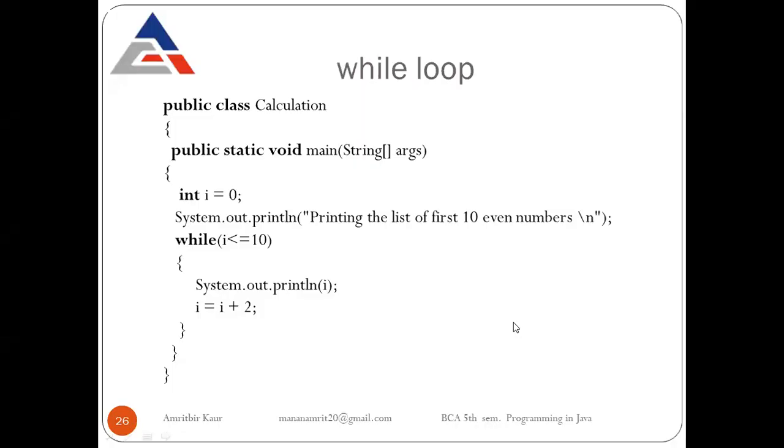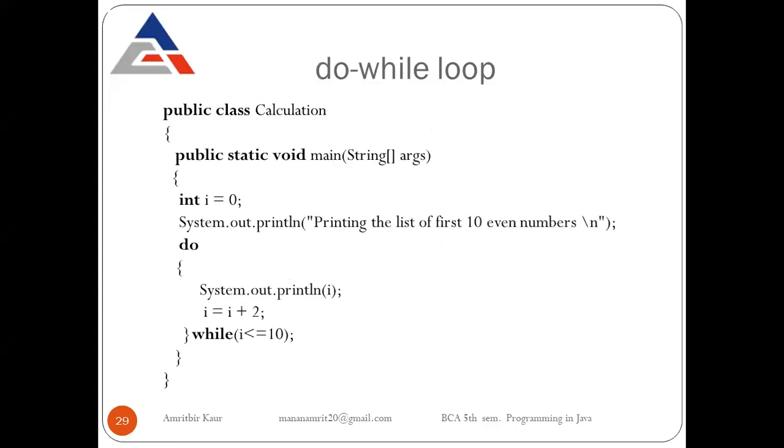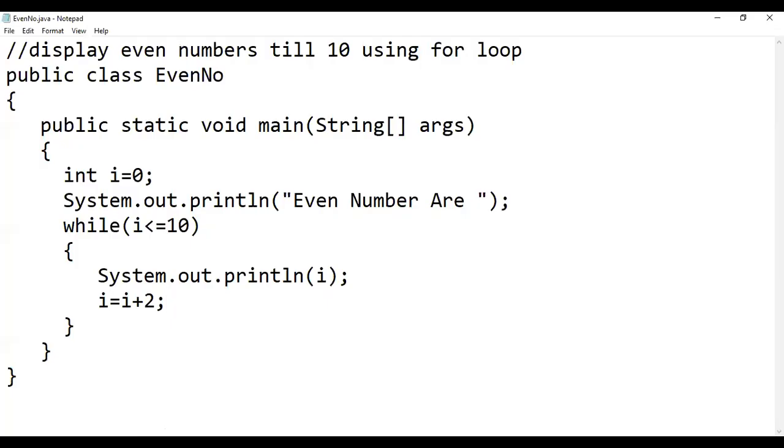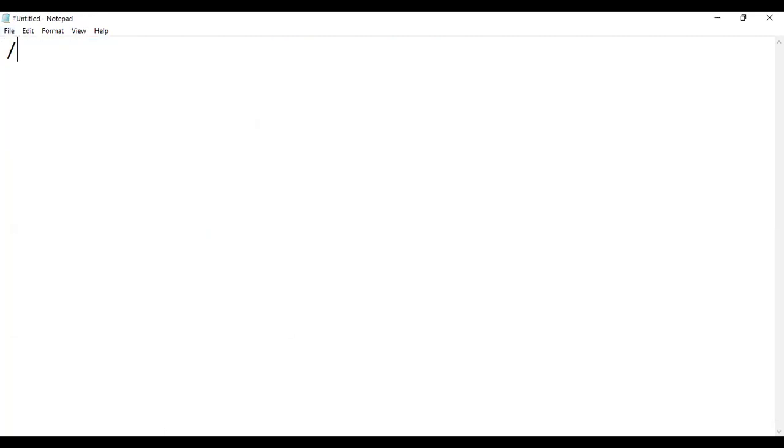So now our next loop is the do while loop. We use the do while loop when we want to execute our block at least once. So here we start writing our program, like display even number.